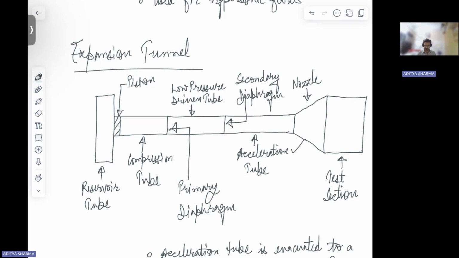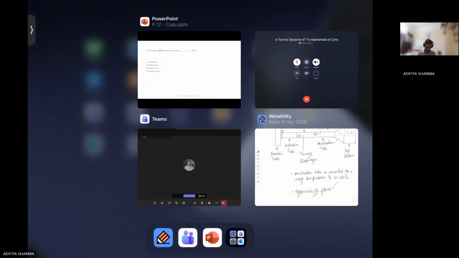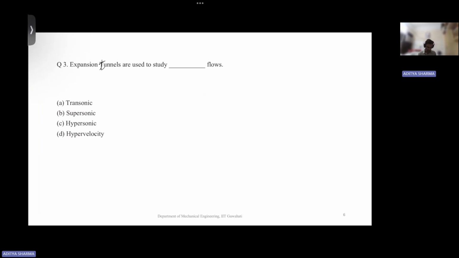This nozzle is then connected to your test section. So expansion tunnels are used to study hypervelocity flows.